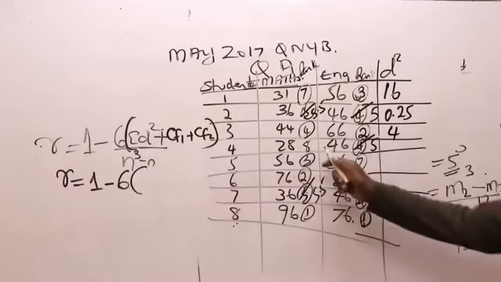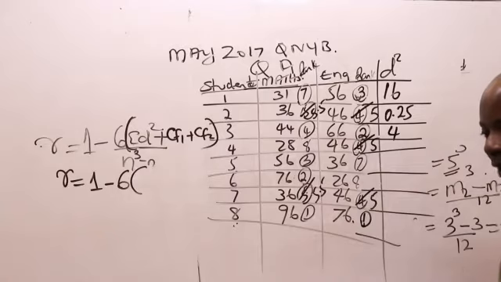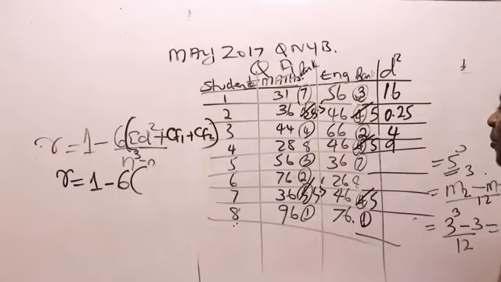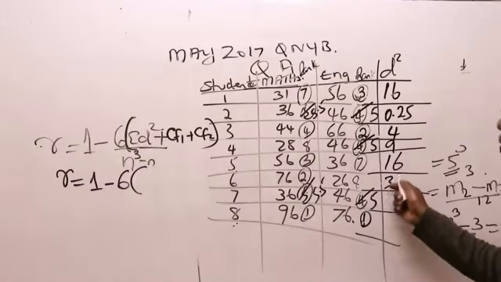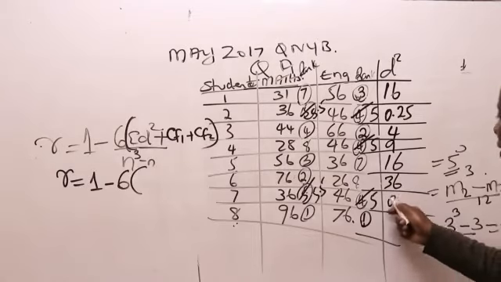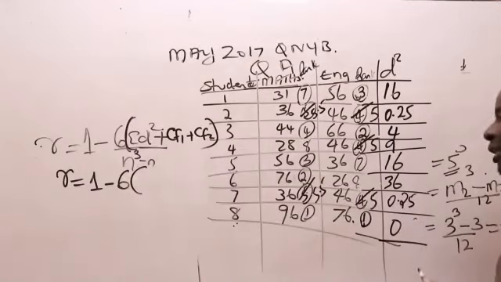Please check this one here. It's supposed to be 8 minus 5 because of the aspect of average rank. So somebody is giving me 9. From there we have 16. From there we have 36. We have 0.25 from Fidelis. And then lastly 0.